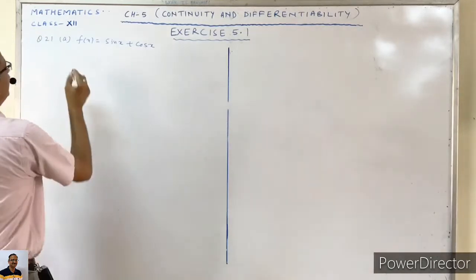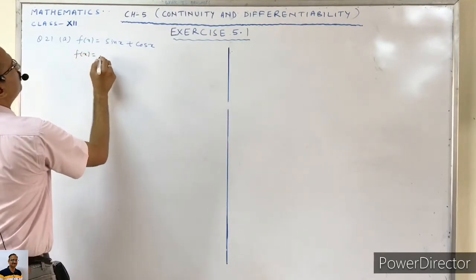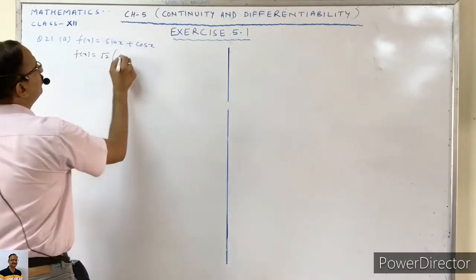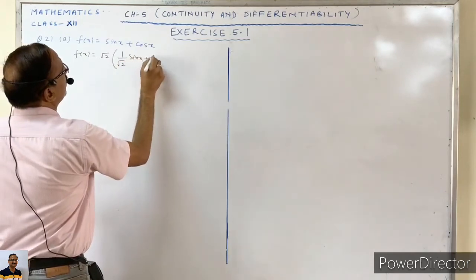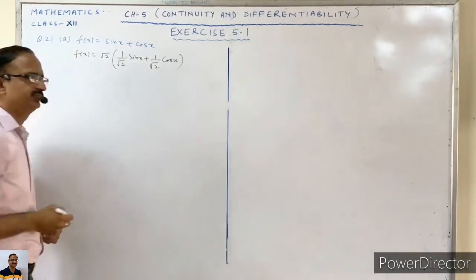So we can write this as f(x) equals, multiply and divide by square root of 2. So we will get like this, 1 by root 2 cos x.